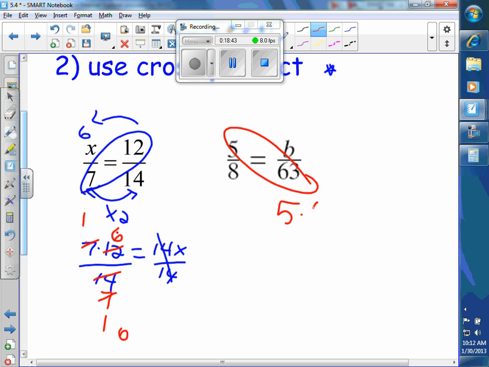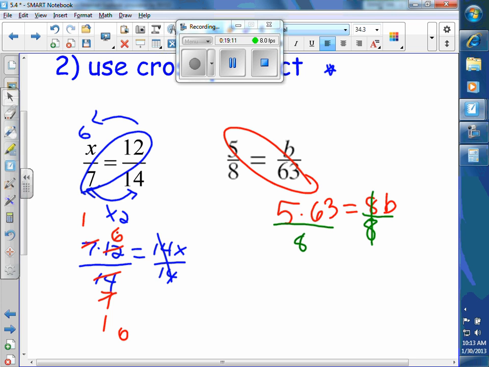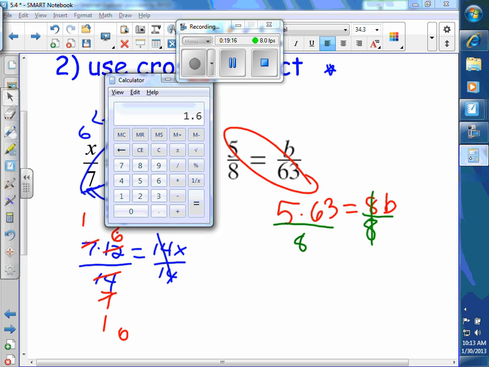5 times 63 is equal to 8b. Do you see the benefit of the cross product? Because then you would divide both sides by 8. Okay, so before you pack up, in this type of problem, 63 and 8 have nothing in common. So you can try to do as much work by hand, but if you need to do a little calculations today, that would be fine on the calculator as long as you show your setup.